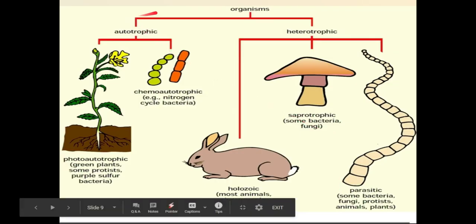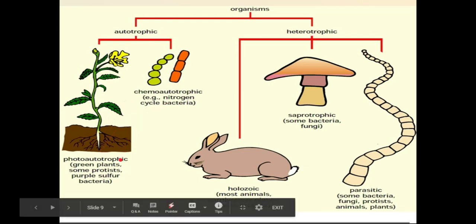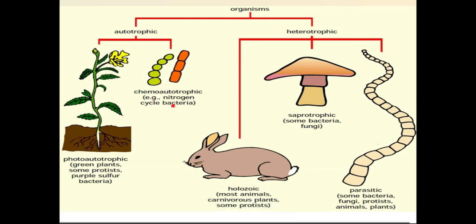Now, organisms are categorized as autotrophic or heterotrophic. Autotrophs can be further categorized as photoautotrophic or chemoautotrophic. Examples of photoautotrophs are plants, protists, purple sulfur bacteria, and chemoautotrophic nitrogen fixing bacteria like Rhizobium.